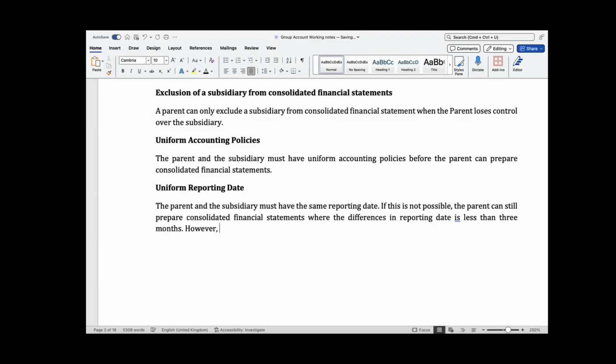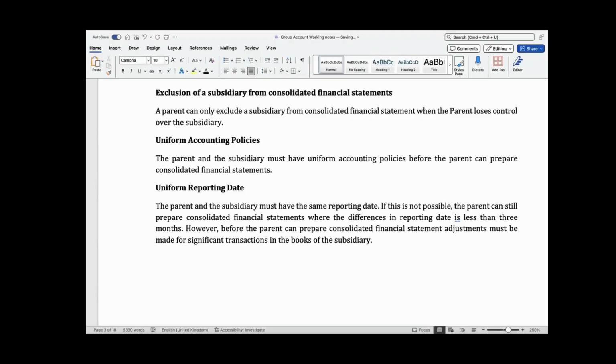However, before the parent can prepare consolidated financial statements, adjustments must be made for significant transactions in the books of the subsidiary.